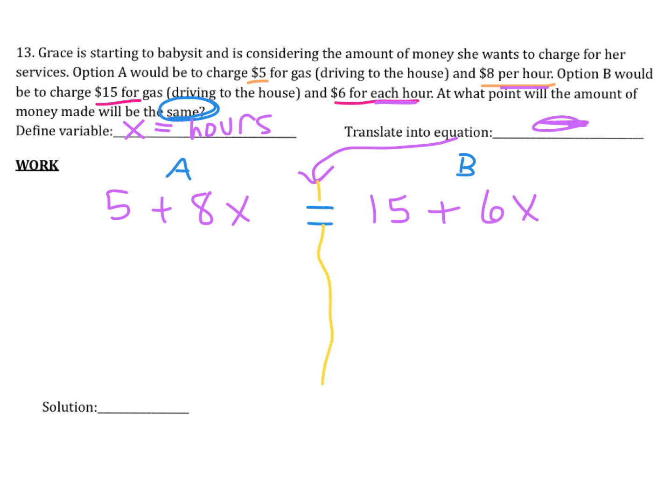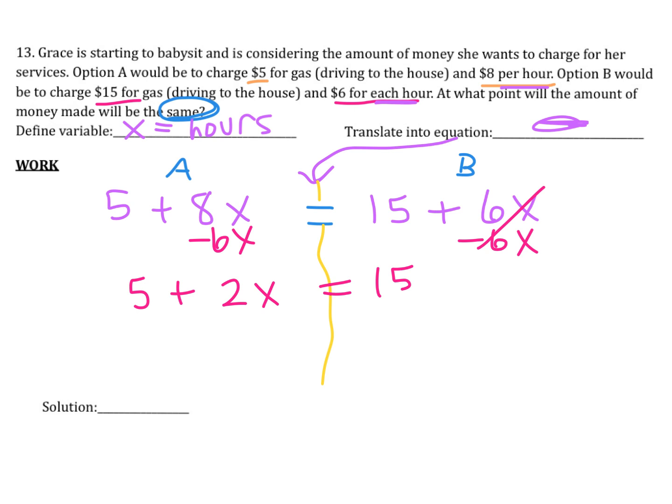We have variables on both sides, so we know by now we want to get our letters together first. I like to move the smaller variable to join the larger variable. And that leaves us with 5 plus 2x equals 15.